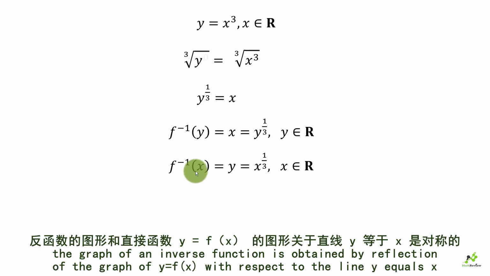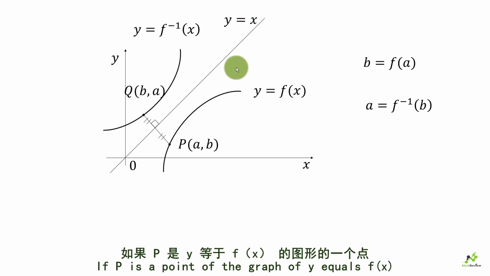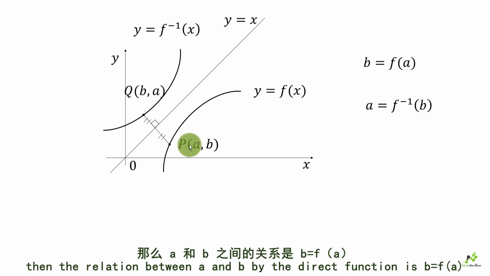The graph of an inverse function is obtained by reflection of the graph of y equal to f of x with respect to the line y equals x. If P is a point of the graph y equals f of x, then the relation between a and b by the direct function is b equals f of a.